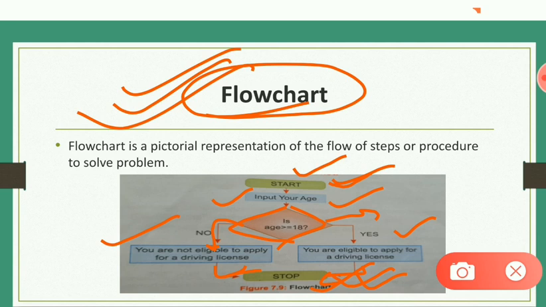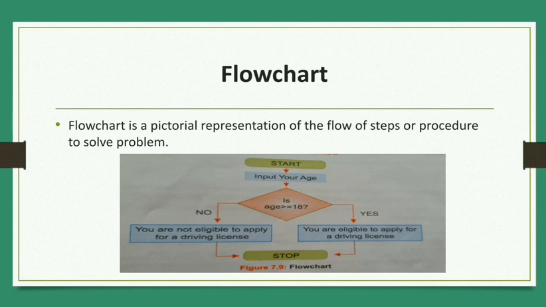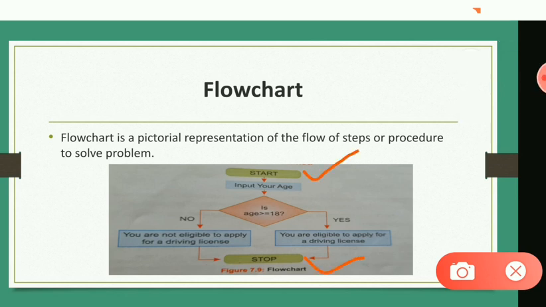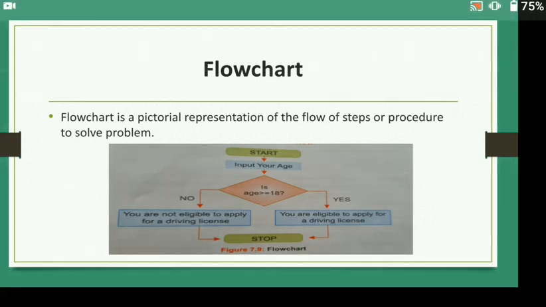That is why lastly it will go to the stop, and firstly it will start from the start. It is compulsory to write this start and stop, because wherever you are writing an algorithm or a flowchart, you should start with the start and stop with the stop. It is a compulsory or mandatory rule for writing the algorithm or making the flowchart.